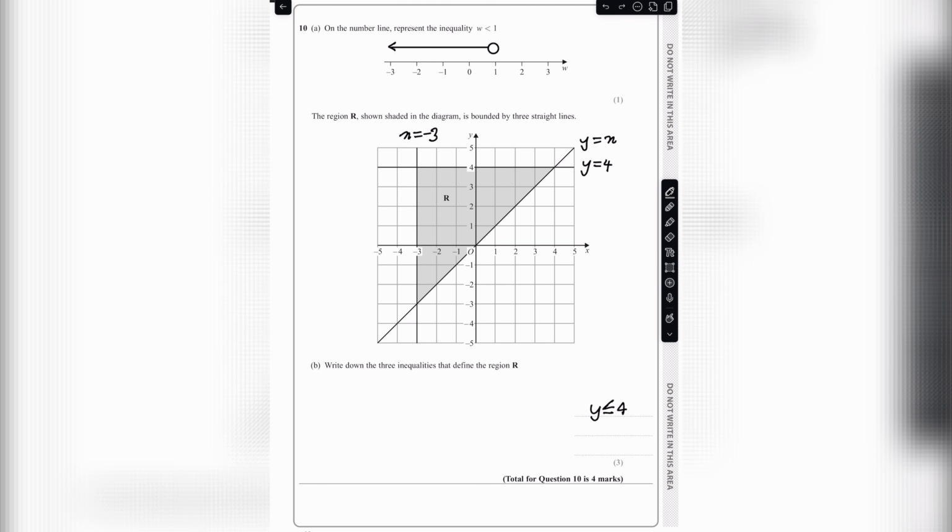The second inequality, for the line y equals x, will simply be y is greater than or equal to x, because if we plot a random point, for example the point (1, 2), and we substitute that into the equation y equals x, we have 2 equals 1, and given that this is not true, 2 can only be greater than or equal to 1. And finally, for the equation x equals -3, given that the shaded region is to the right, we can simply state that x has to be greater than or equal to -3. And those are your final answers.